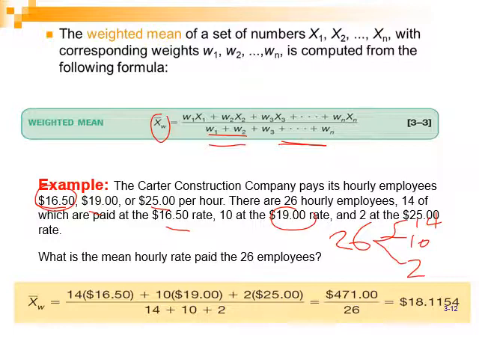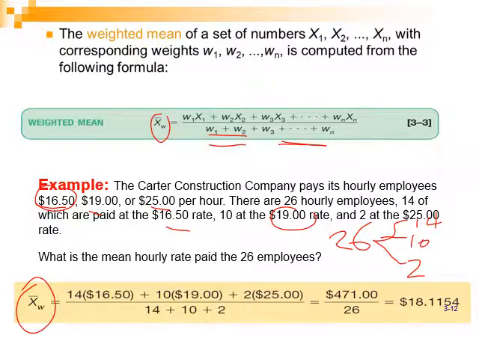So what is the weighted mean, or what is the mean hourly rate paid for the 26 employees? How to get this value? By using the weighted mean, which is noted by x bar w.